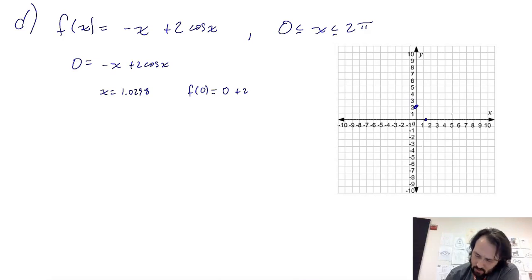So let's go ahead and do our derivatives. The first derivative would be negative 1 plus minus 2 sine of x, and this is equal to 0.